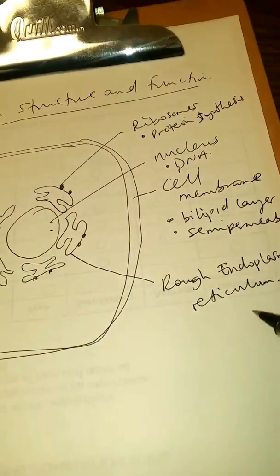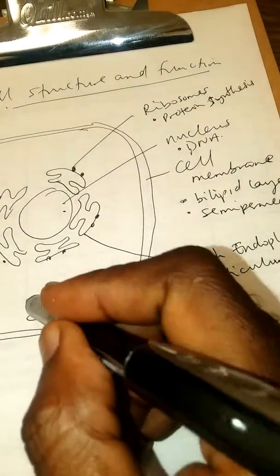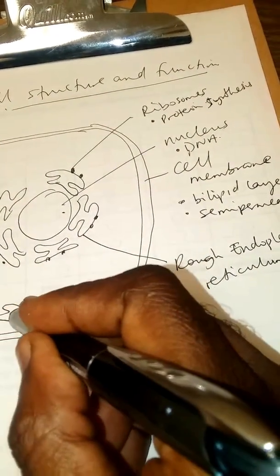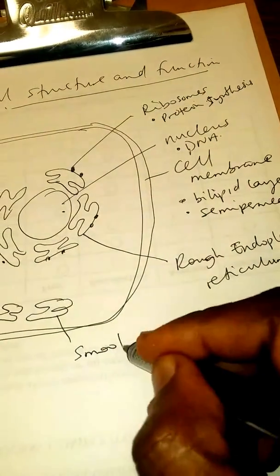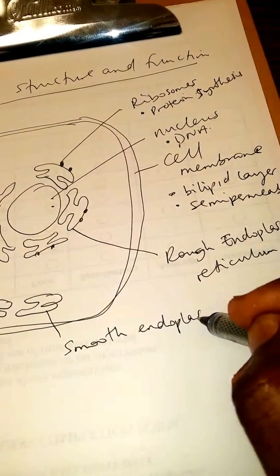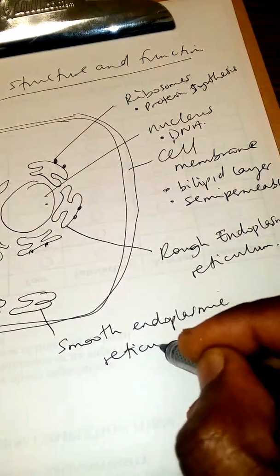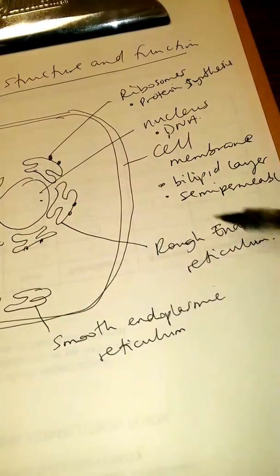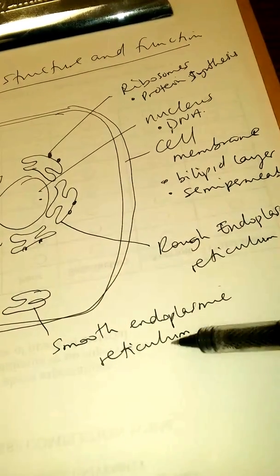So if there's a rough one, it means that there should be a smooth one, right? So one that hasn't got ribosomes on the surface. So this will be the smooth endoplasmic reticulum. Usually we say ER for short. So rough ER and then a smooth ER.